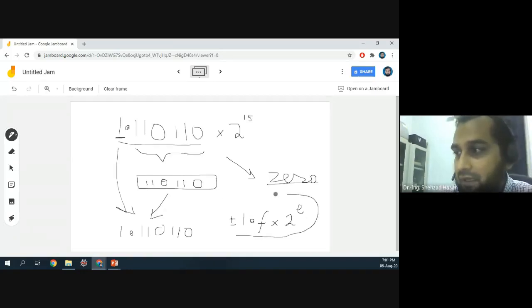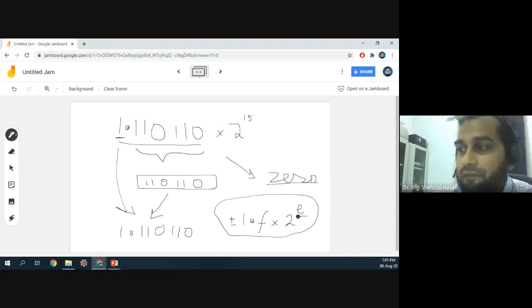So this means we cannot store 0 in its actual value form. What we can still do is go with the same scheme: if the exponent value is a very big negative number, then this thing is going to be a very small number.